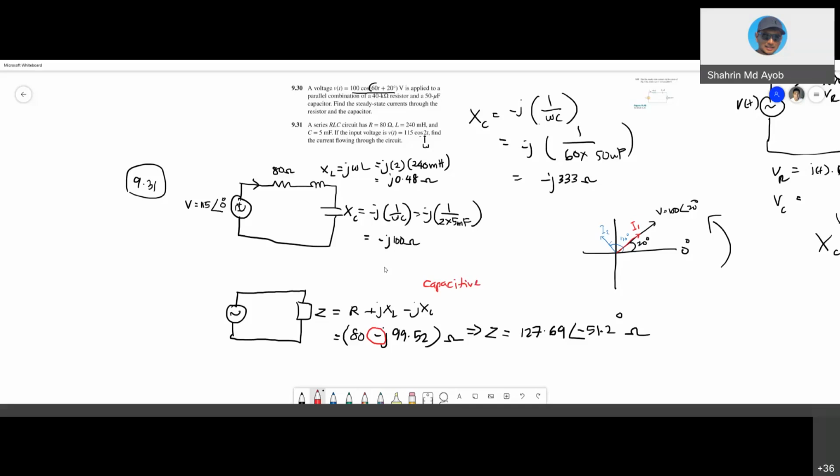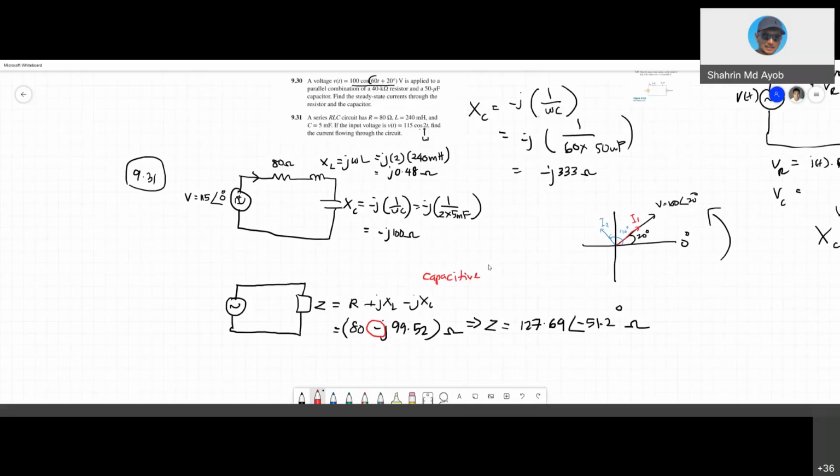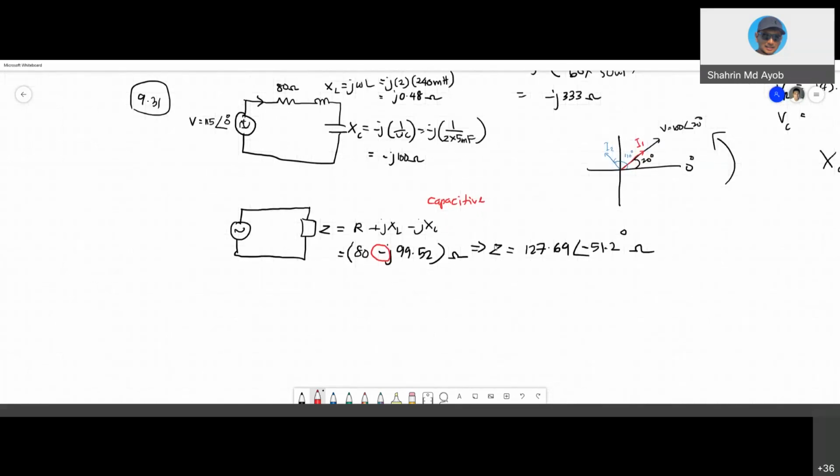What do we mean by capacitive effect? It means the current is leading. That is the main part we want to extract from this information. If your load is capacitive, the current will always lead the voltage.